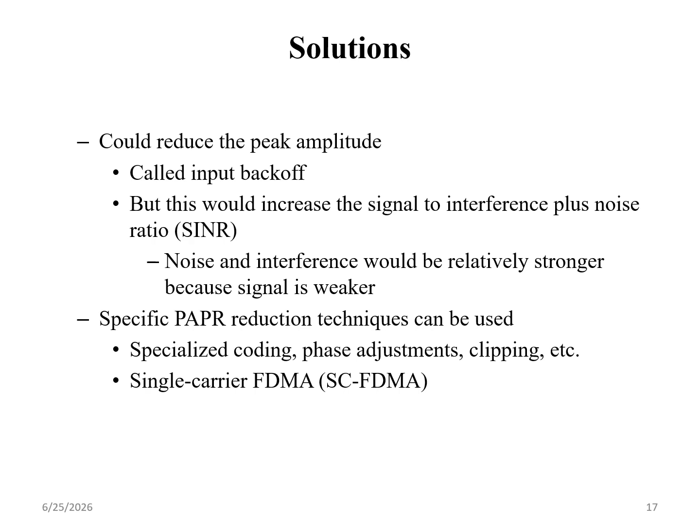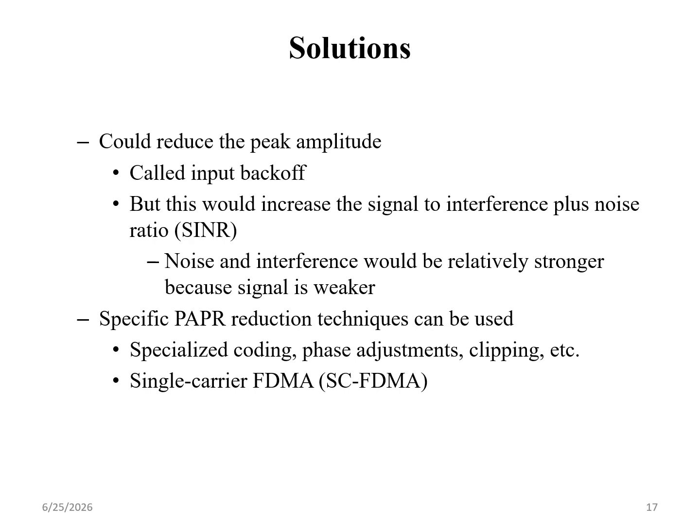The next solution to reduce the peak amplitude is called input backoff. By using this input backoff concept, we reduce the peak amplitude. But this could decrease the signal to interference plus noise ratio, that is SINR, signal to interference and noise ratio.